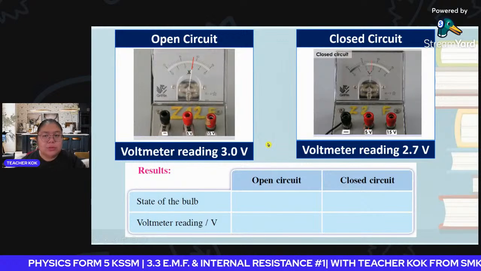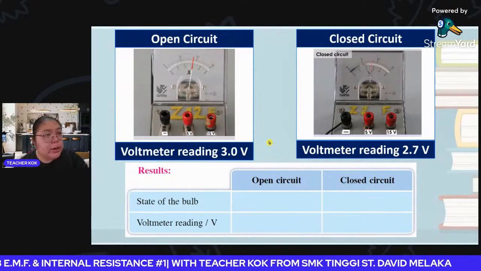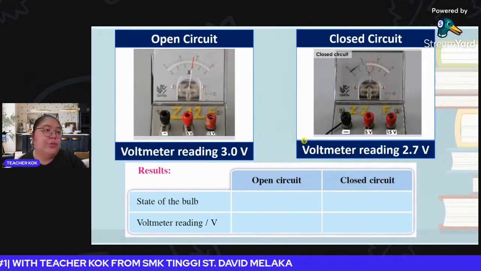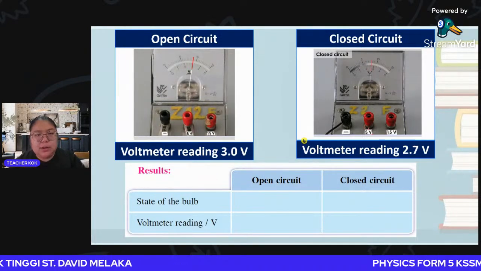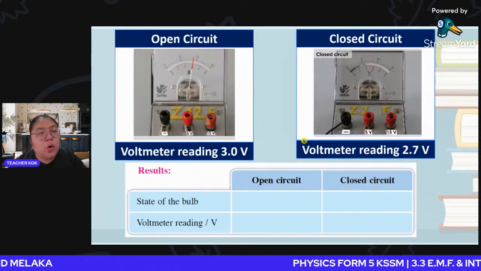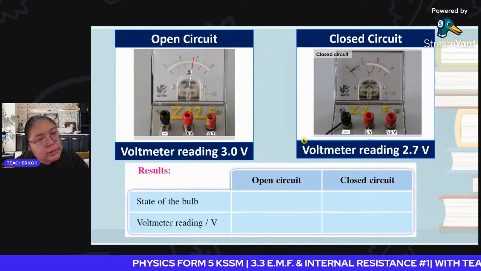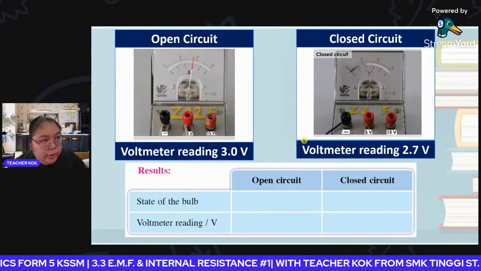Now you will ask, why is the EMF 3 at the start, and when I just switch on the circuit, why does it drop? When it is 3 volt in open circuit, we only have one resistor. What resistor? The internal resistor in the battery. Agree?